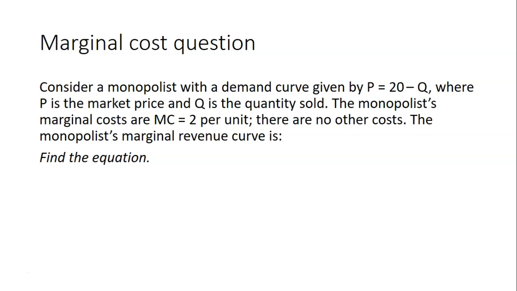The question asks for the monopolist's marginal revenue curve, and what you have to do is find the equation for it. So we've got a demand curve, or an average revenue curve, expressed by the equation P equals 20 minus Q, and you're asked to find the marginal revenue.